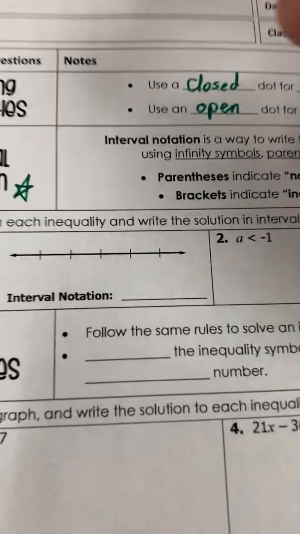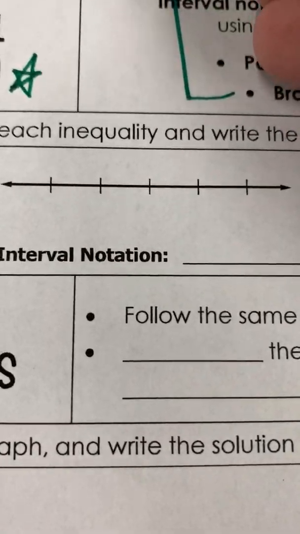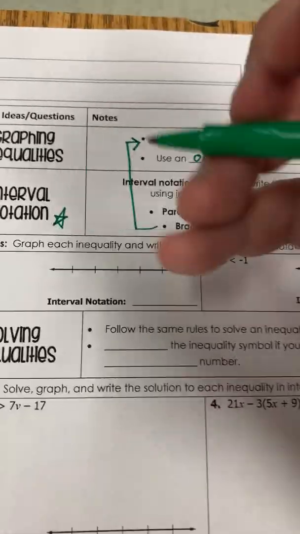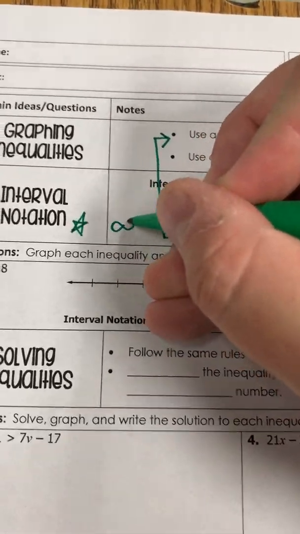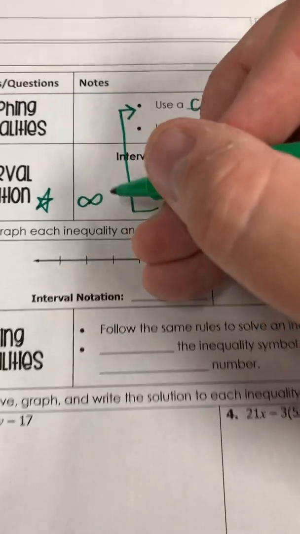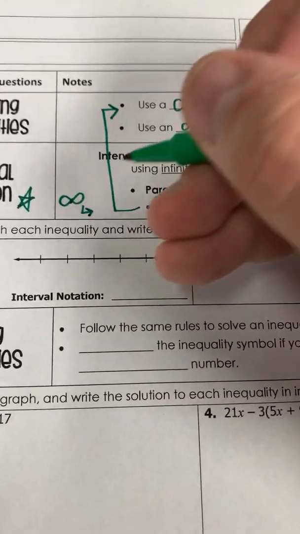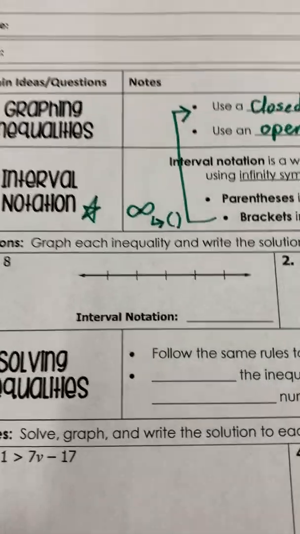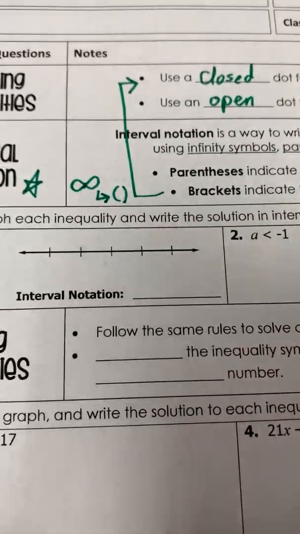Brackets, included or closed. So they connect to those. All right, now this isn't really on here, but just a little bit of knowledge for you. If it is an infinity symbol, then it has parentheses.